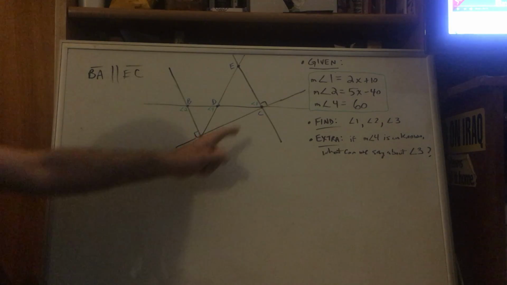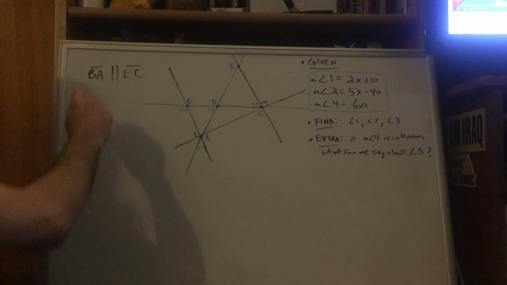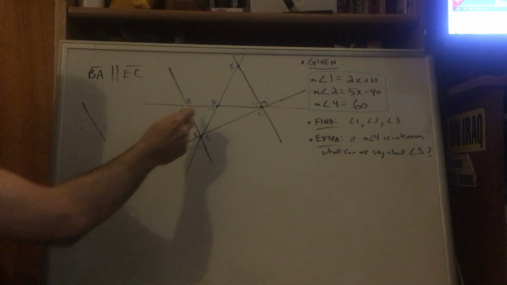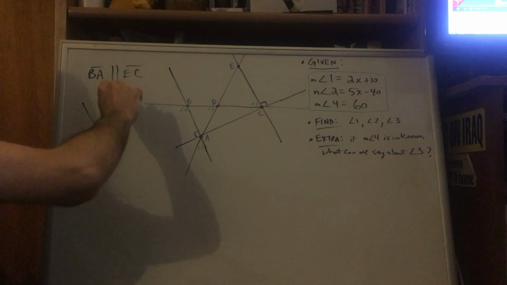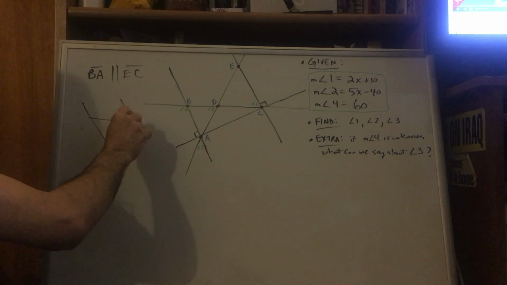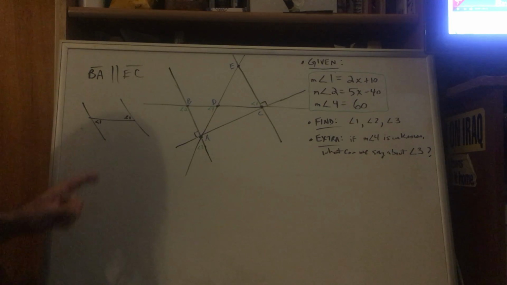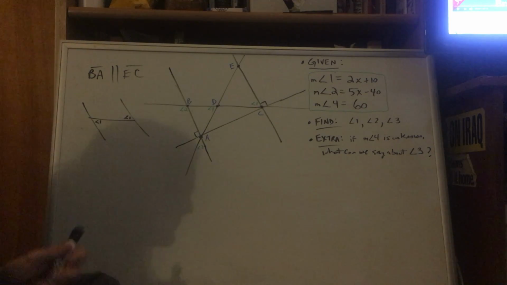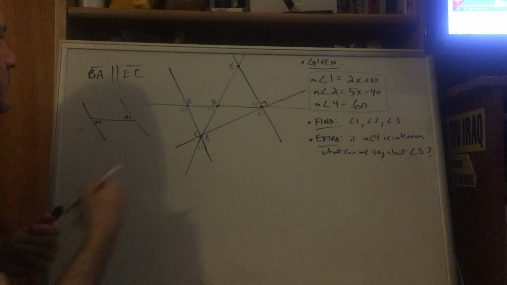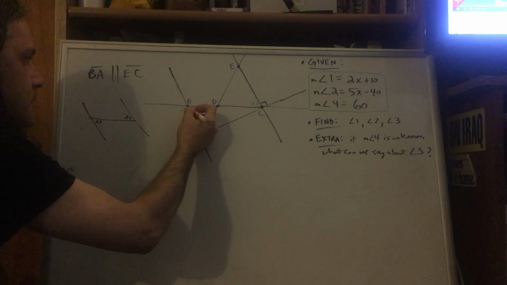Which is helpful because if you look at the transversal BD, angle 1 is also that angle because of alternate interior. So this is also angle 1.